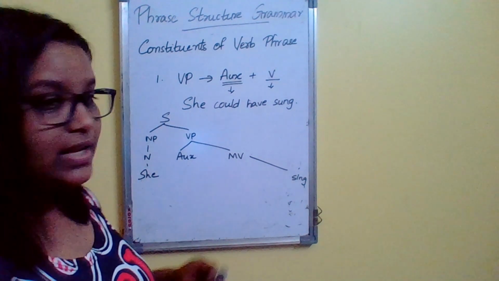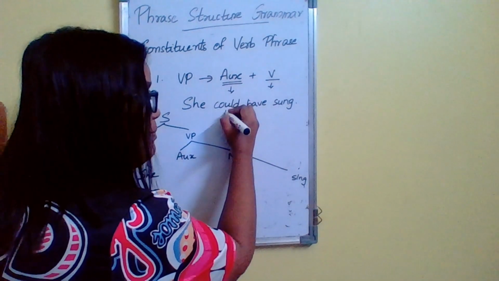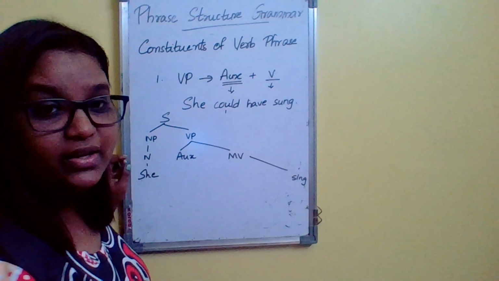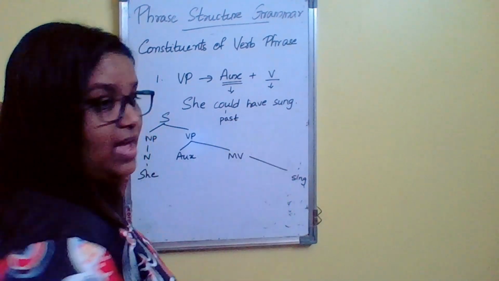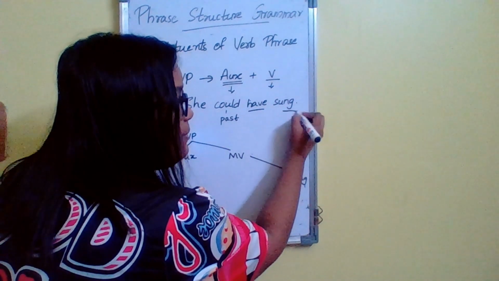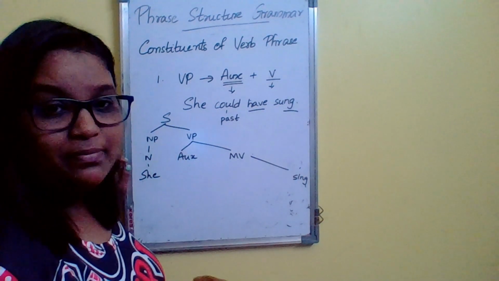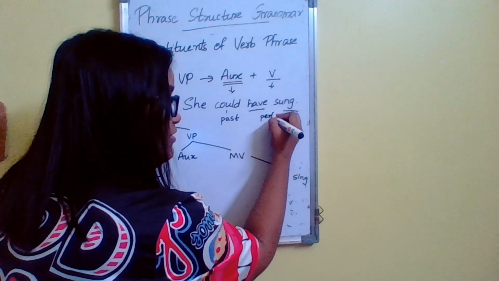We have to account for a few things. First of all, that it is in past tense because we see could. And we can see that there is a have and a past participle. That means that we have to account that it is perfective.